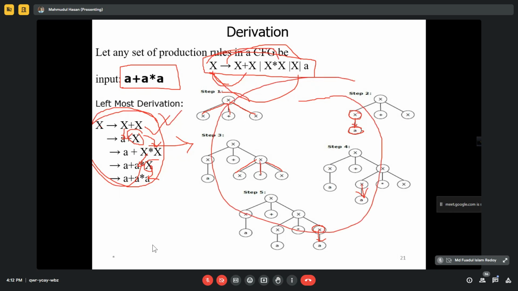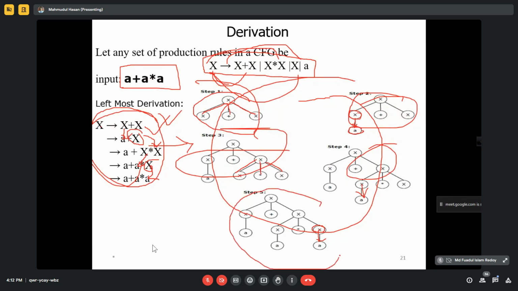And you don't need to write step 1, step 2, step 3, step 4; you can simply write this one. But as I am trying to teach this to you, I use step 1, step 2, step 3, step 4, so that this will be more clear to you. But for the exam, this one is enough.